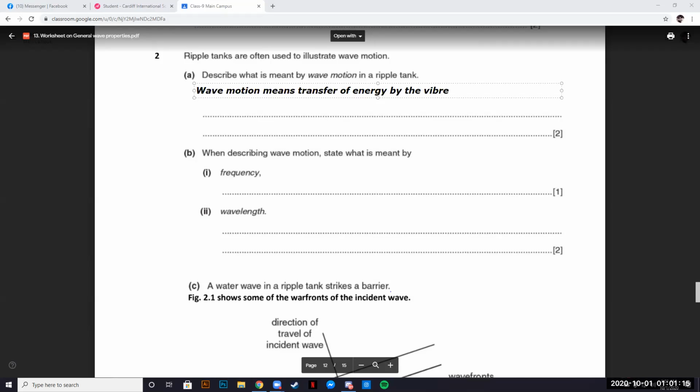Vibration is spelled V-I-B-R-A-T-I-O-N. Vibration of particles, in bracket, vibration of particles up and down.